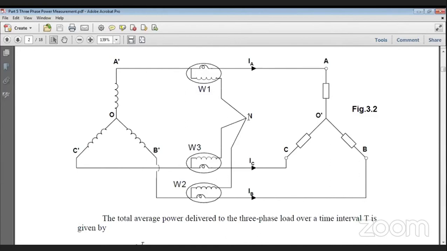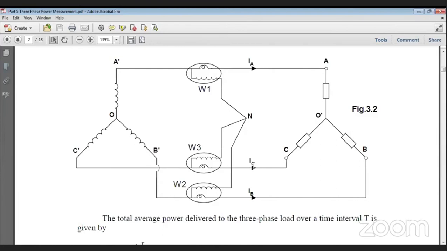What happens in that case? Then W1 and W2, this potential coil connection will change. Now this W2 will measure the voltage between line B and line C. This W1 will measure the voltage between line A and line C. But what happens to W3?